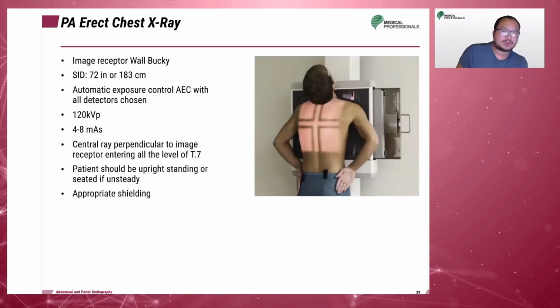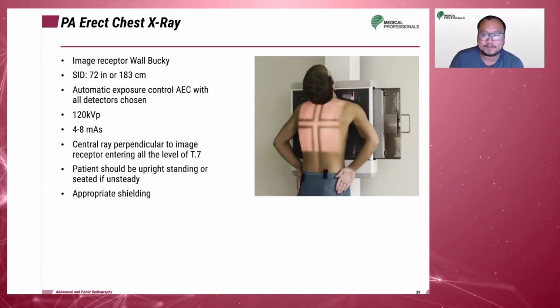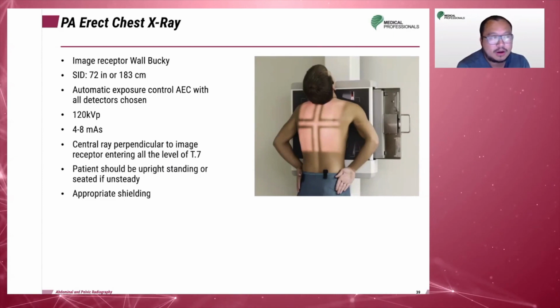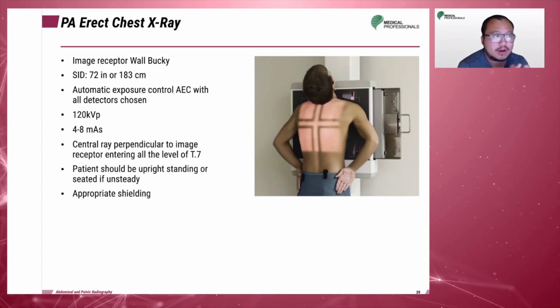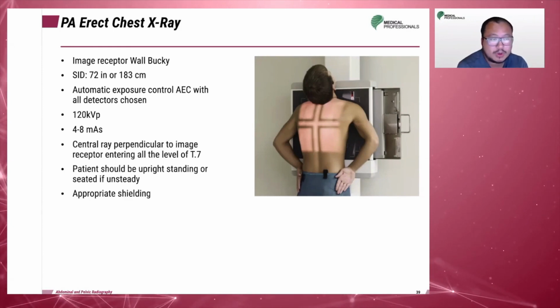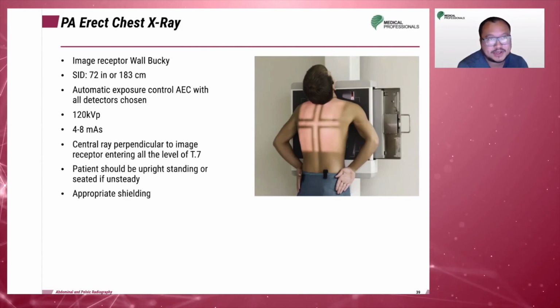Now, the first x-ray we'll talk about is that PA erect chest x-ray. So the PA erect chest x-ray, we are going to try to do this at the wall bucky, 72-inch SID, all right? We'll try to use automatic exposure control to get the correct amount of technique to that patient, right?